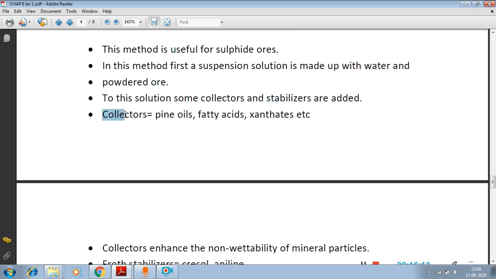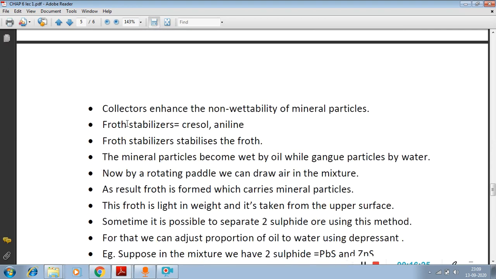Examples of collectors are pine oil, fatty acid, and xanthates. Now why are we adding this collector? Collectors are added because a collector enhances the non-wettability of mineral particles.